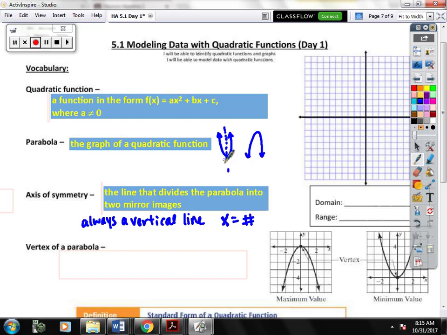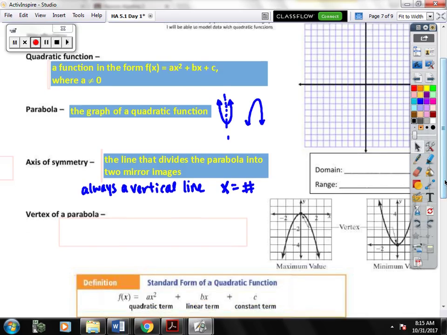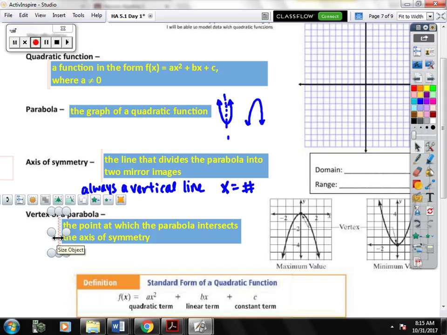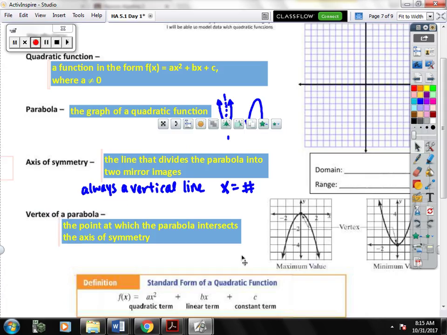The vertex, just like when we looked at our absolute value function, was the min or the max. The same thing will apply. It'll be this minimum point or this maximum point. So the vertex of a parabola is the point at which the parabola intersects the axis of symmetry.